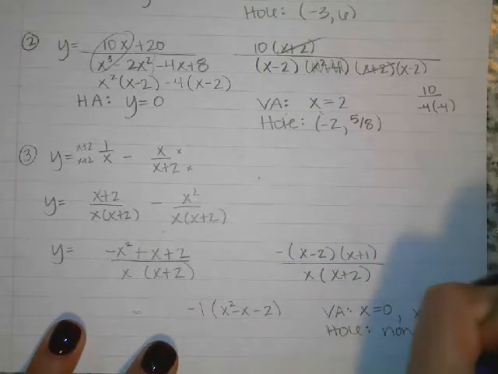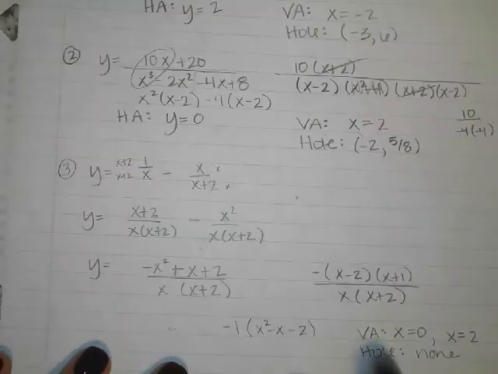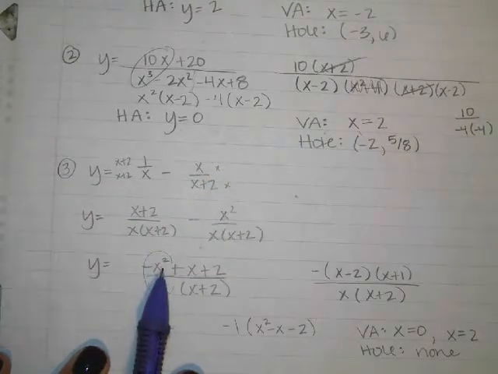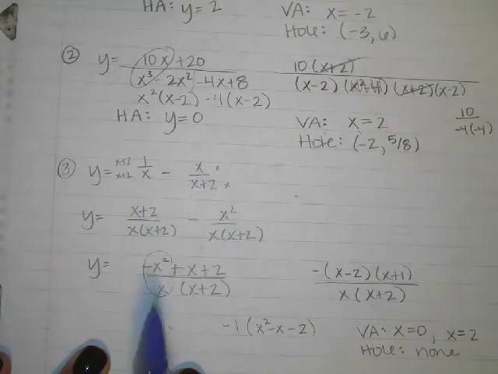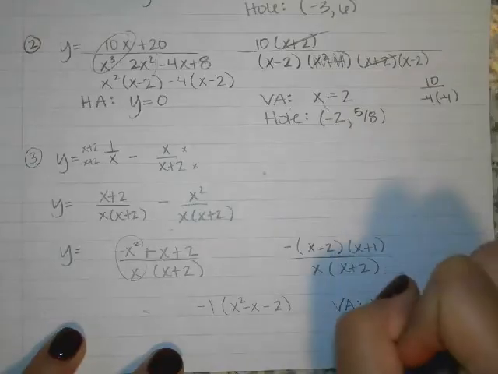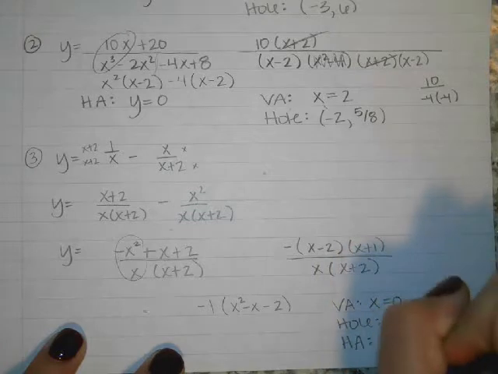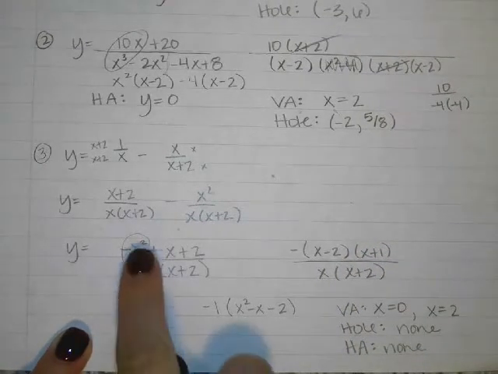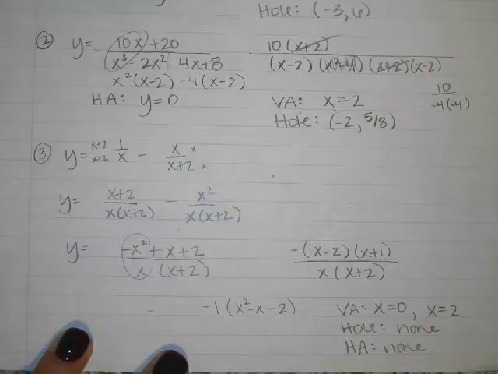When I look back here, I can see that the degree of the numerator is greater than the degree of the denominator, so that tells me that for the horizontal asymptote there are none. In pre-calc, since the degree of the numerator is exactly 1 bigger than the degree of the denominator, oh, that was a terrible place to tell. You guys, I almost made a rookie mistake.